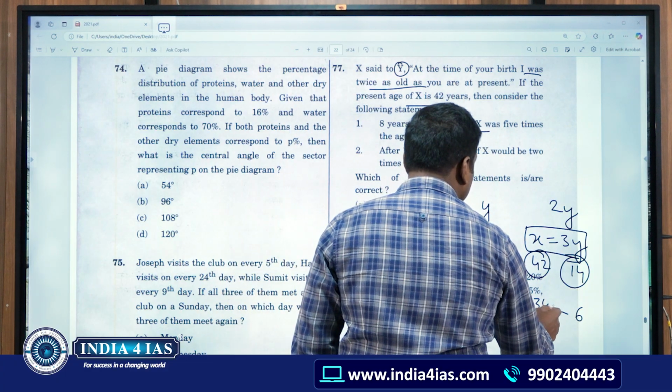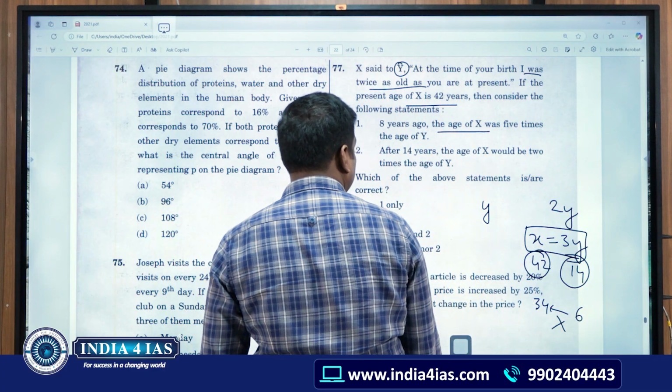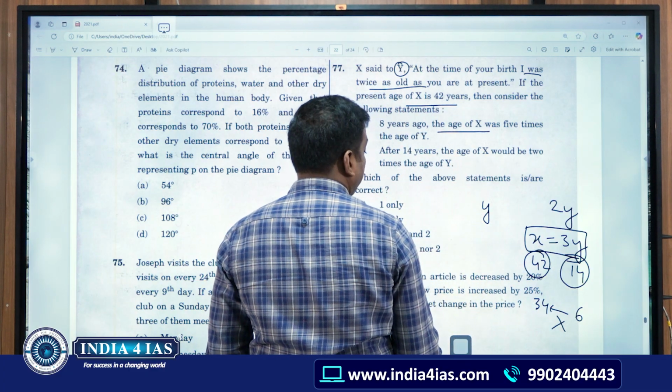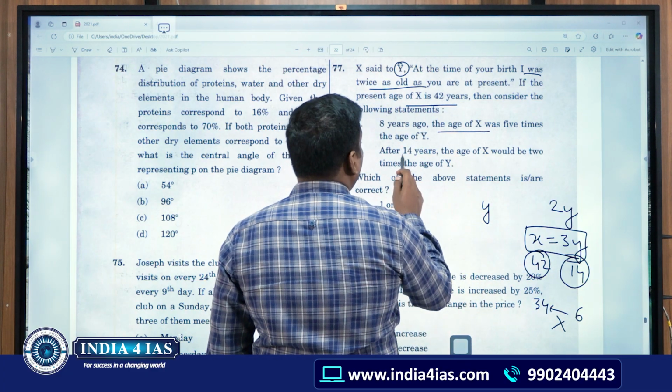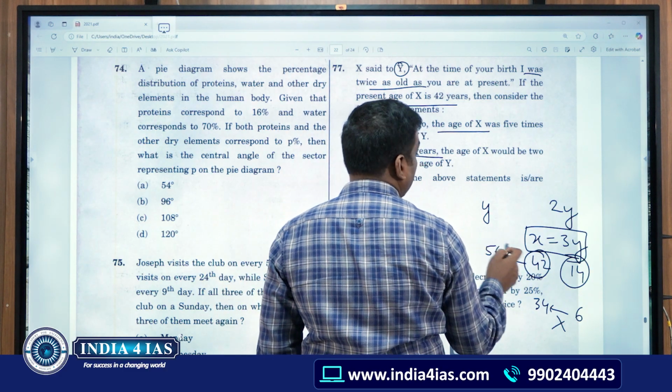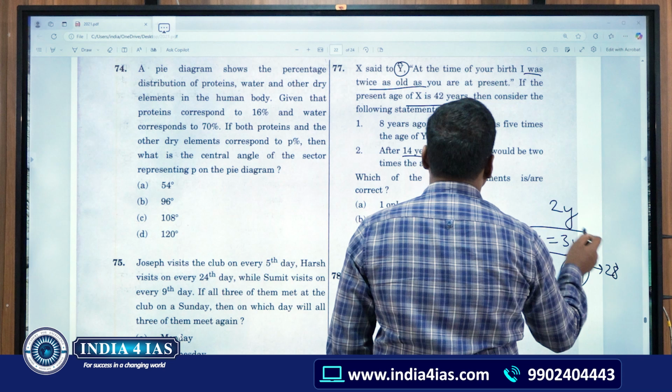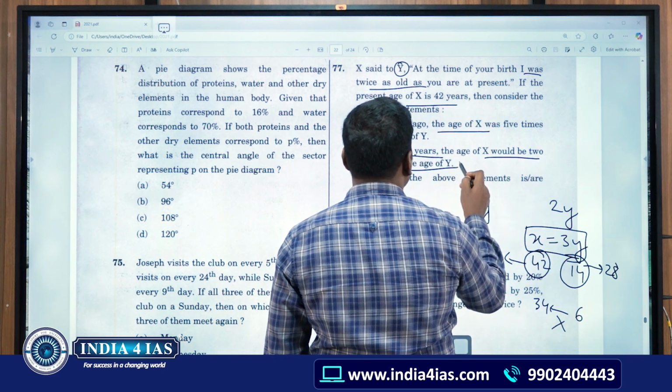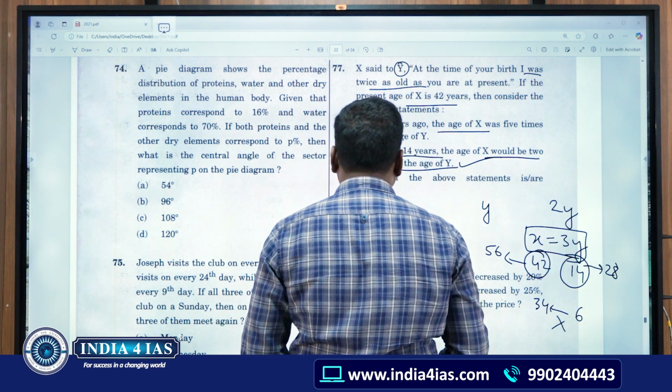So is it 5 times? No, it is not 5 times. Then after 14 years, this will be 56 and this will be 28. The age of X would be 2 times that of Y. That is correct. Only 2 is correct.